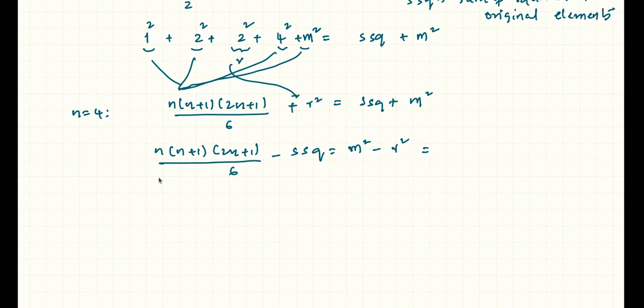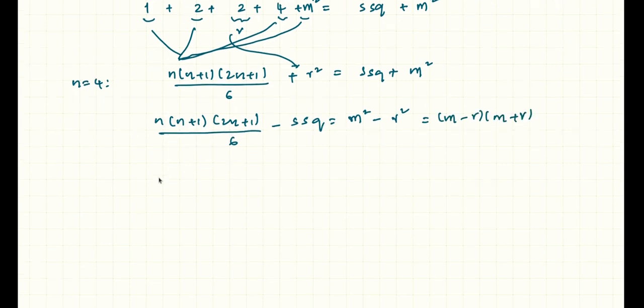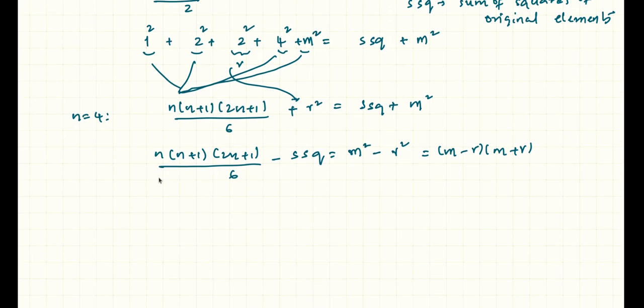So this m square minus r square can be written as m minus r times m plus r, right? Basic math. We already know what m minus r is, so we can identify m plus r.